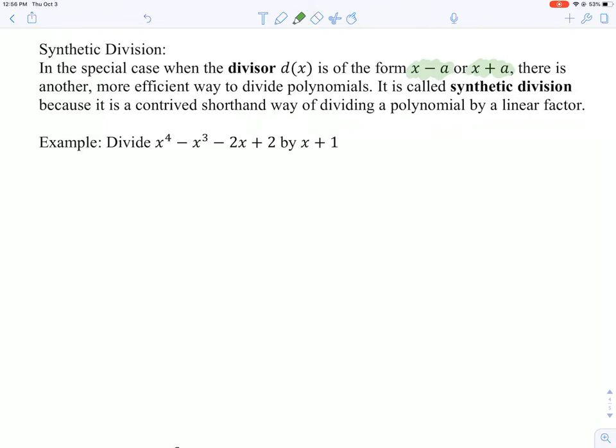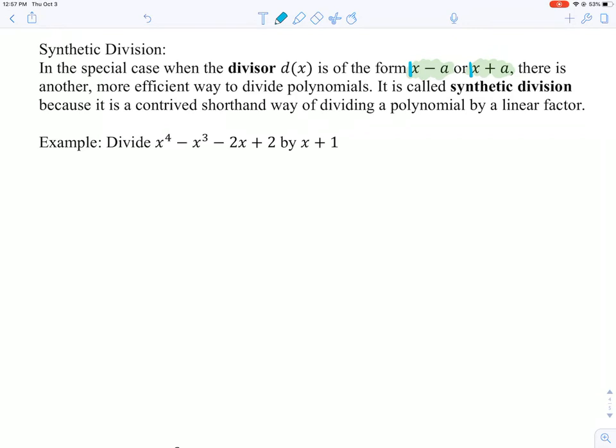It has to be x where the coefficient on the x is 1, plus or minus a constant. Whenever your divisor is in that form, you can use synthetic division because it is a contrived shorthand way of dividing a polynomial by a linear factor.